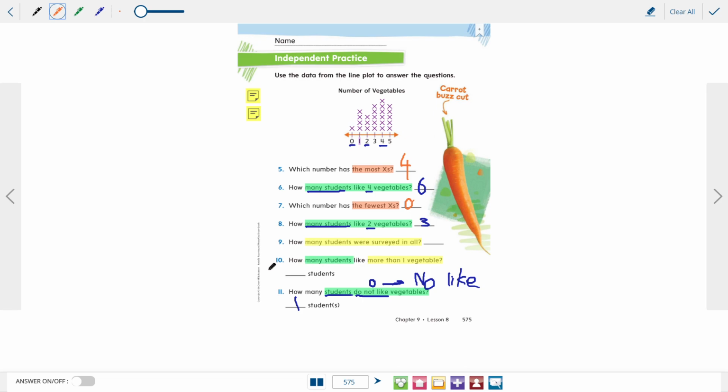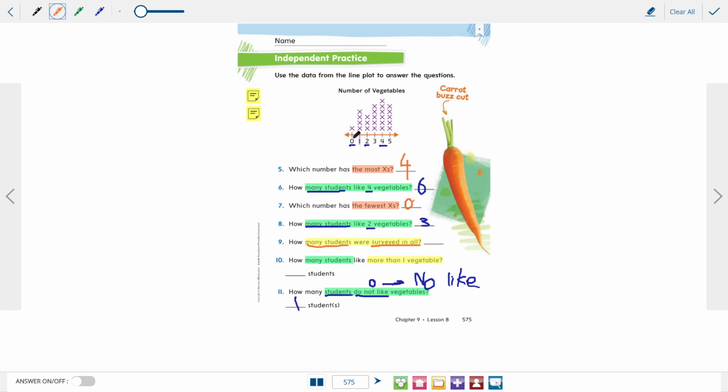Now, in this question, they are making a small trick. They are telling us how many students were surveyed in all. What does surveyed in all mean? That means we want to know how many students participated in this survey. So, how do we know the number of students? Of course, again, we count the x's.